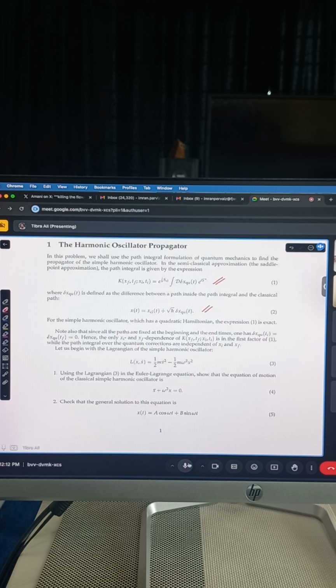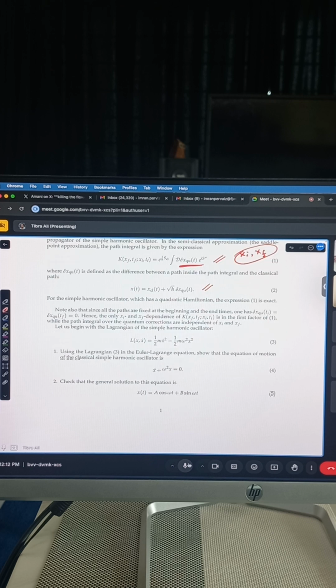Because it's a quadratic action, you can show that this integral does not depend on x_i or x_f. And because of this, this integral can be done using a trick.